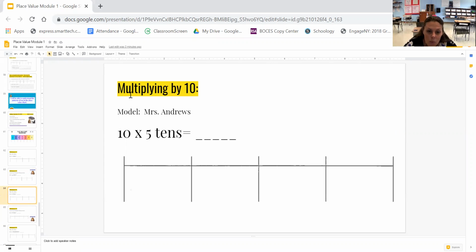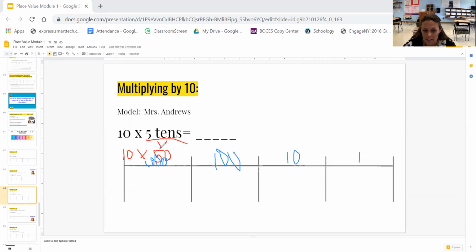So now our new equation is 5 tens times 10. So what I like to do here is I first like to see what 5 tens looks like. So 10, 20, 30, 40, 50. So I'm rewriting my equation, and I have 50 times 10 is truly my new equation. So I have my place value chart, and I want to use that. I have my ones place, my tens place, my hundreds place, and last I have my thousands place that I'll sneak in there.